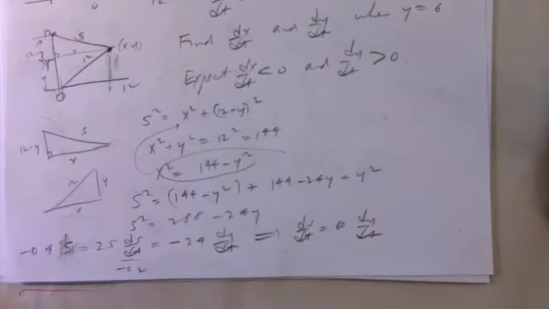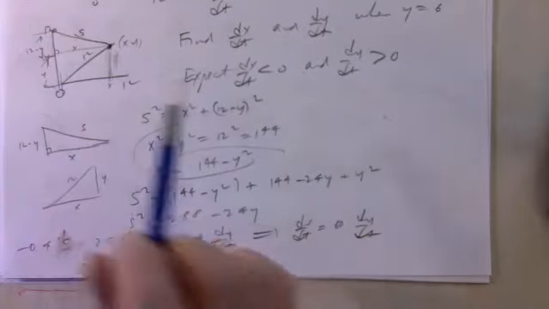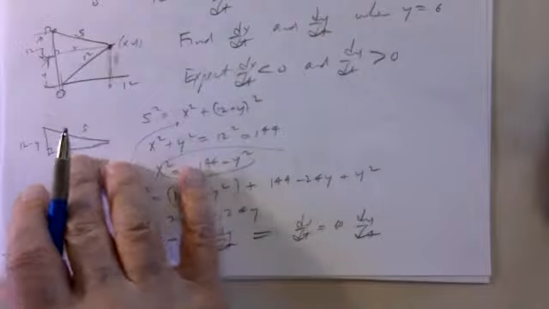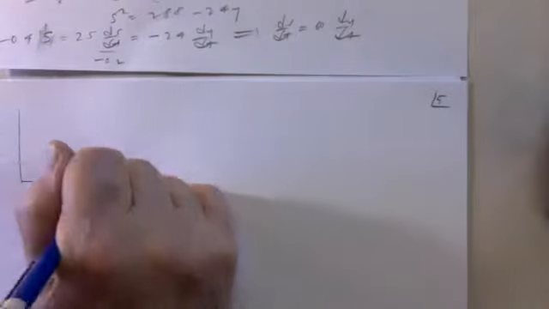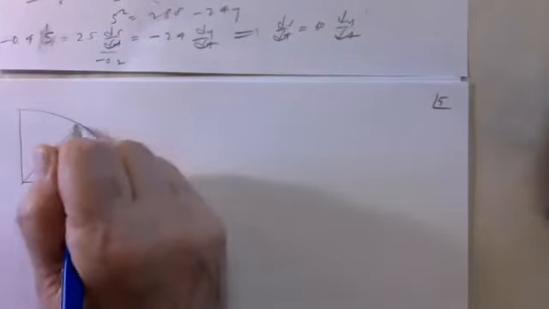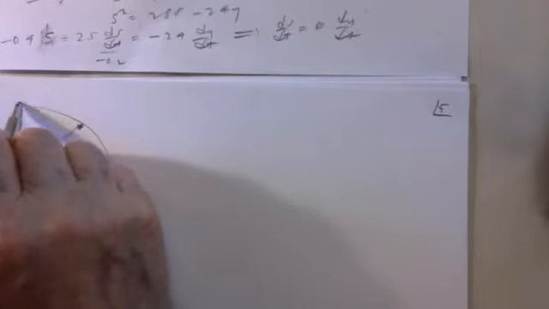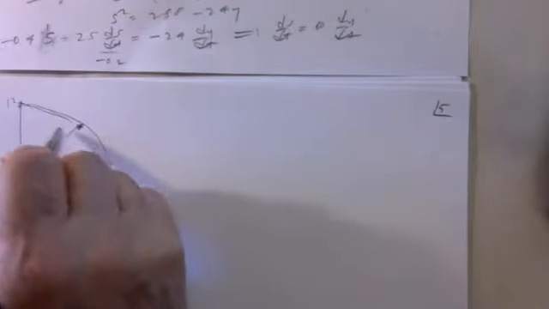And we want to find how fast these things are changing when you're halfway up, when the height y is equal to 6. So let me draw a better picture of this so we can see what's going on. So when we're halfway up, this is 0, 12.